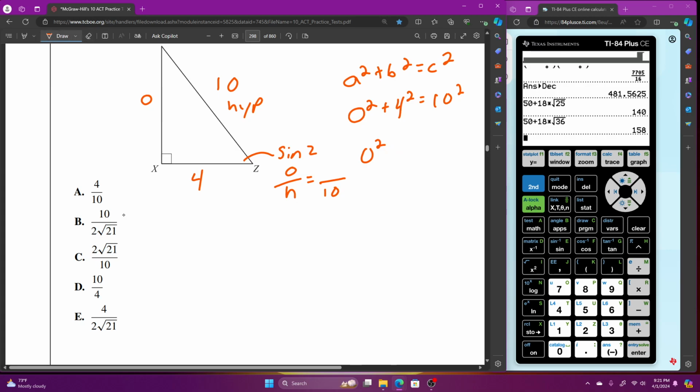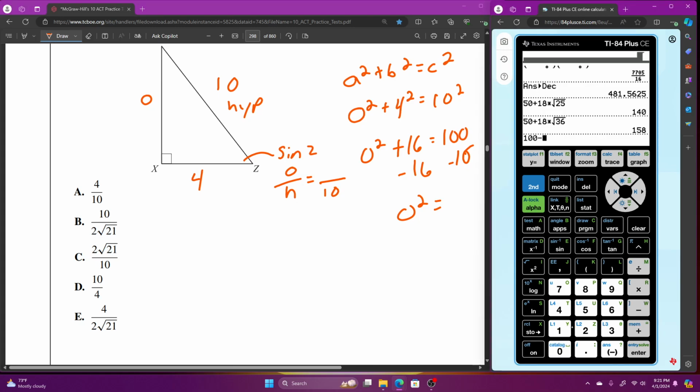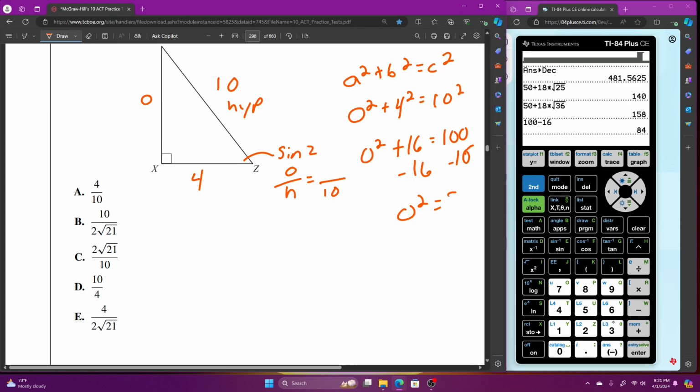O squared plus 16 equals 100, subtract 16. O squared equals 100 minus 16 equals 84. So, oh my goodness, I can't write what I say and say what I write.